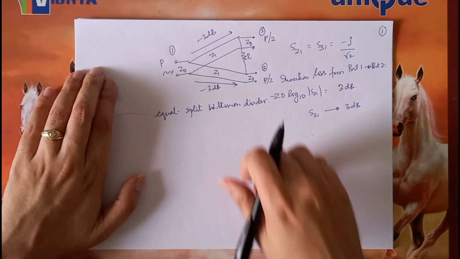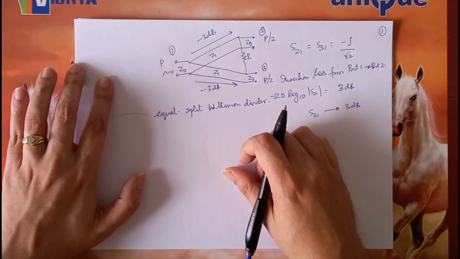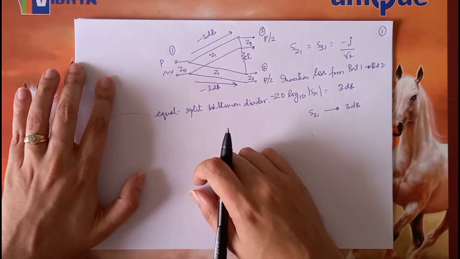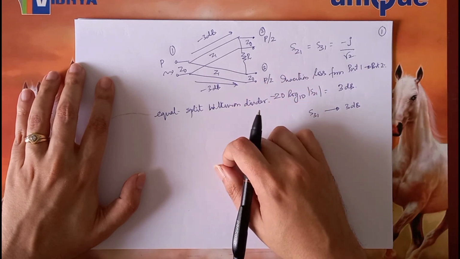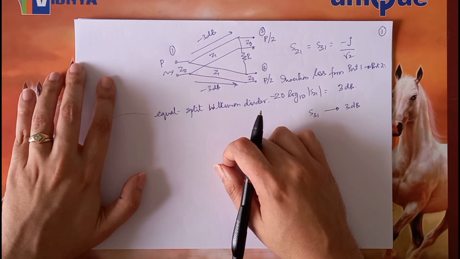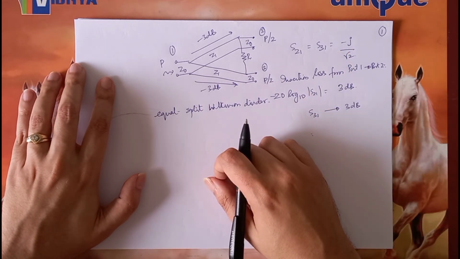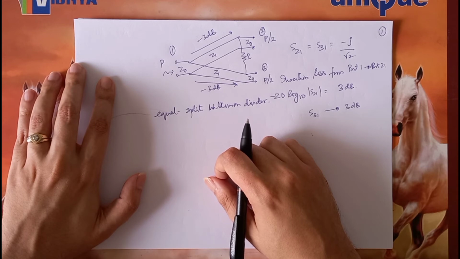So obviously there are applications where we do not need equal split. There are cases when we may need to send more power towards port 2, less power towards port 3, or more power towards port 3, less power towards port 2. These kinds of applications are also there.